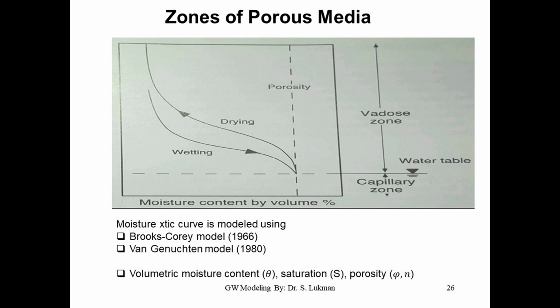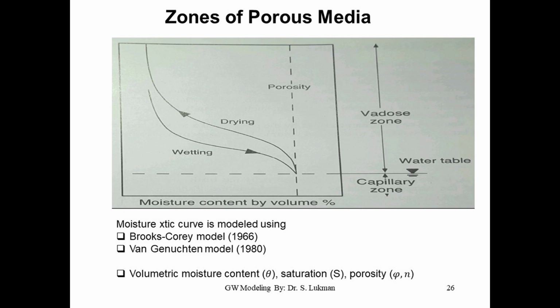Of that void space, what amount is occupied by water? So in that case, the volume will not be the total volume. It will be the volume of voids. Because it's giving the percentage of the void occupied by water. Do you understand?